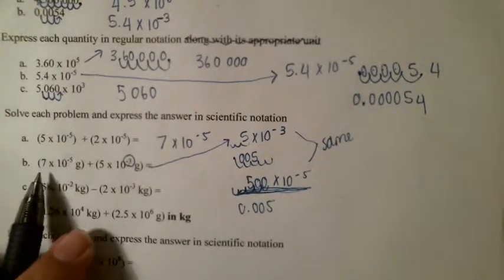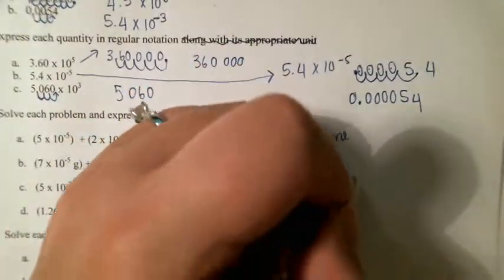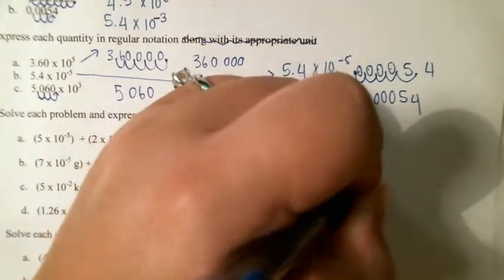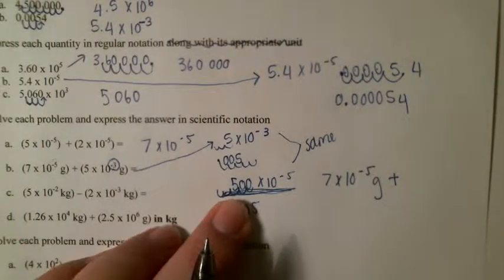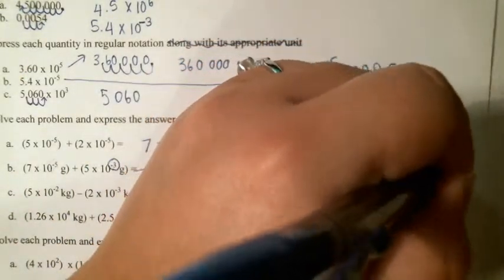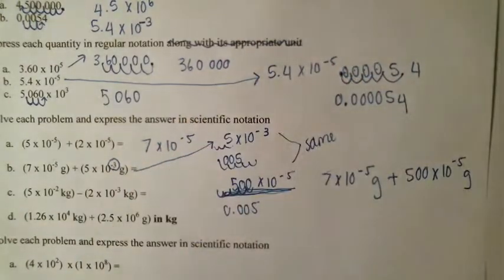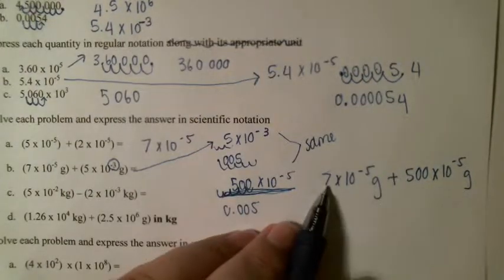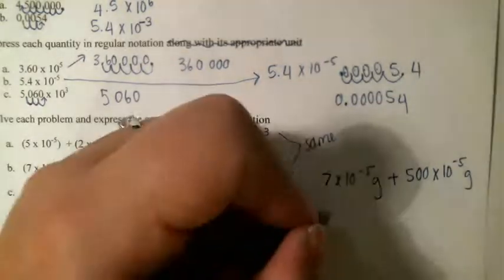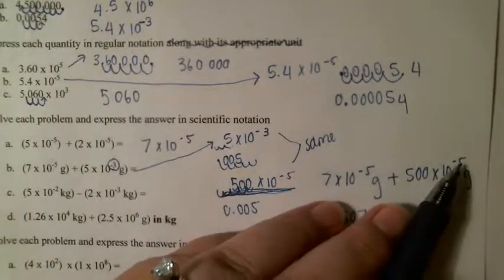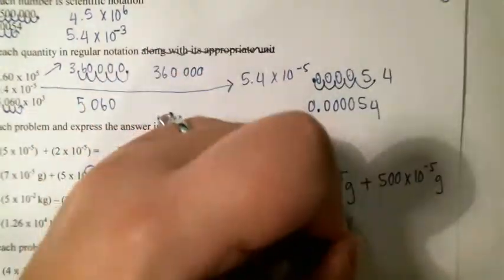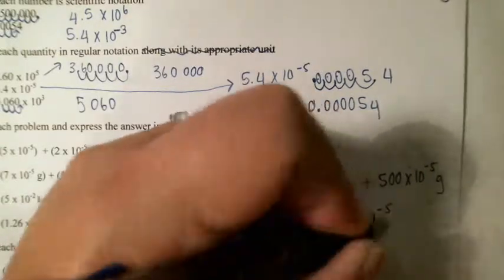So here we go for part B. We'll write 7 times 10 to the -5th grams plus 500 times 10 to the -5th grams. 7 plus 500 equals 507. Since our exponents are the same, we just write times 10 to the -5th.